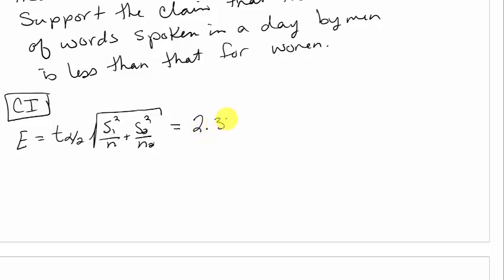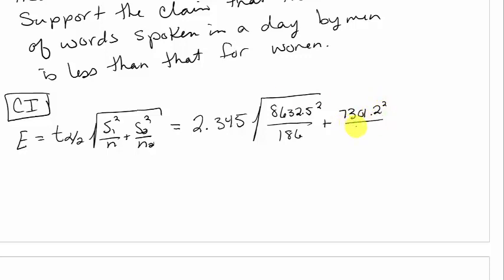So that would be 2.345 times the square root of 8,632.5 squared over 186 plus 7,301.2 squared divided by 210.